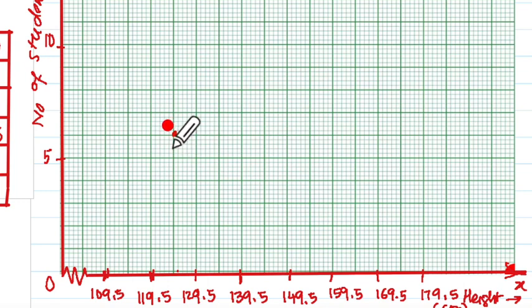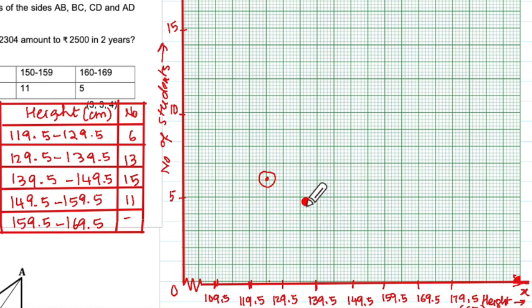So this will be our point to be plotted. Then the next one is 13. 13 will be somewhere here, and you will take the midway between 129, 139, and 13 here. Then 139 to 149 is 15. So we will go here, 15 values here.